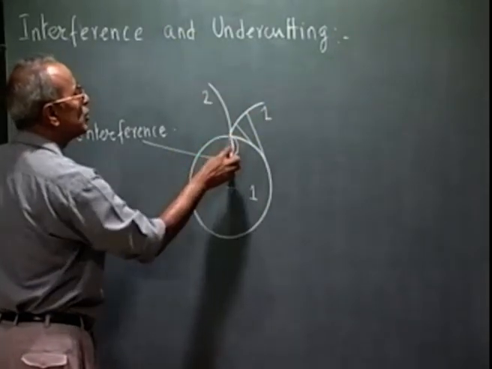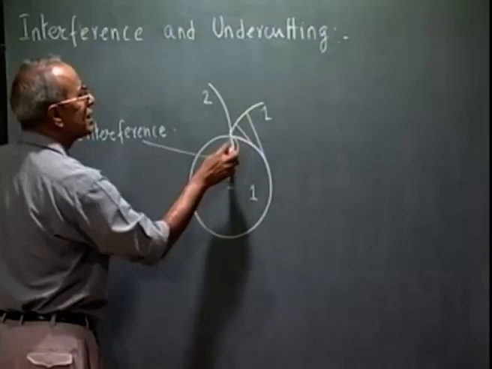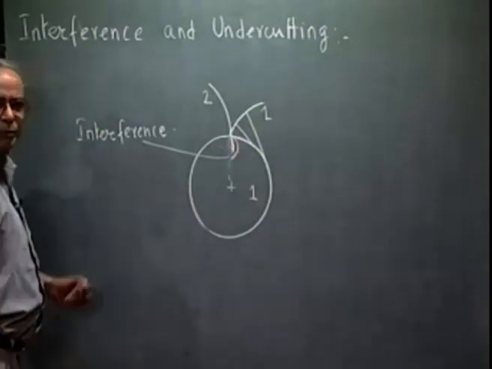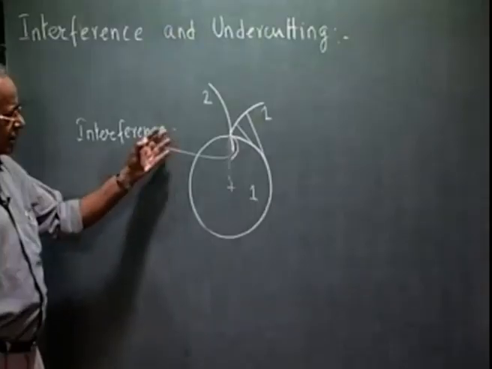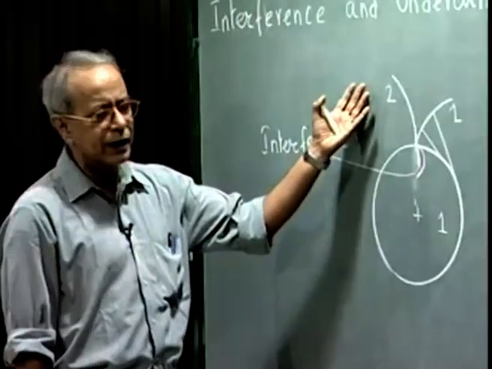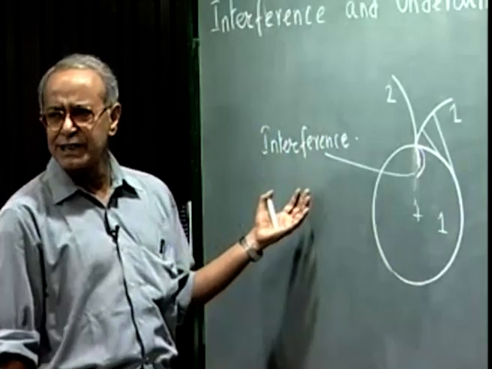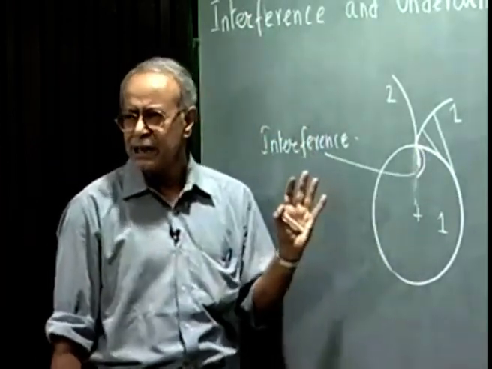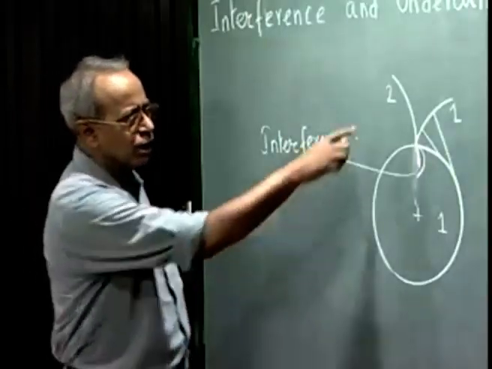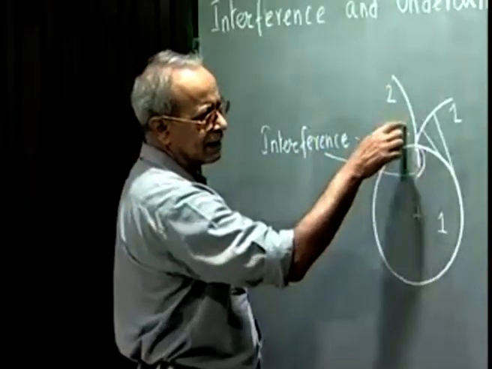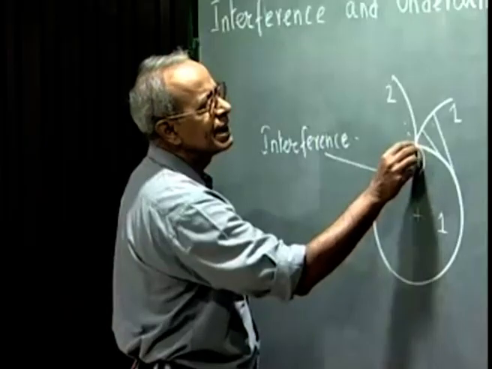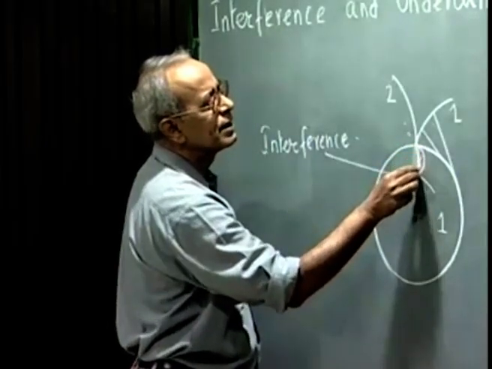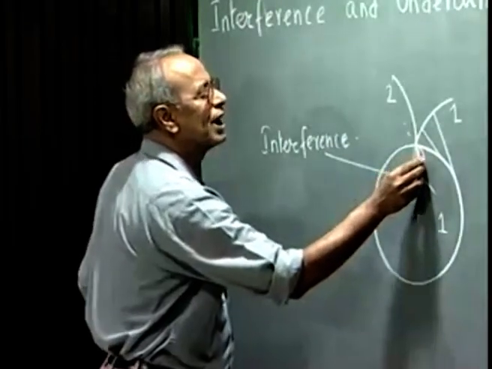The tooth of gear 2 has a space inside gear 1, though there is no conjugate profile to maintain contact. However, the conjugate action may be taken care of by the other pair of teeth in engagement. So the continuous motion is transmitted maintaining the constant angular velocity ratio, but this tooth is not transmitting any power because it is getting into this portion. And this is what is called undercutting.